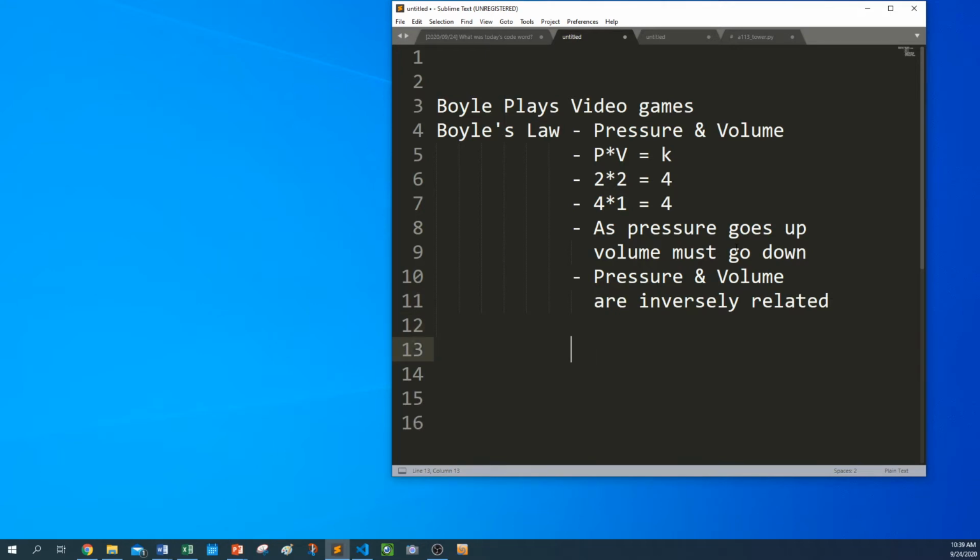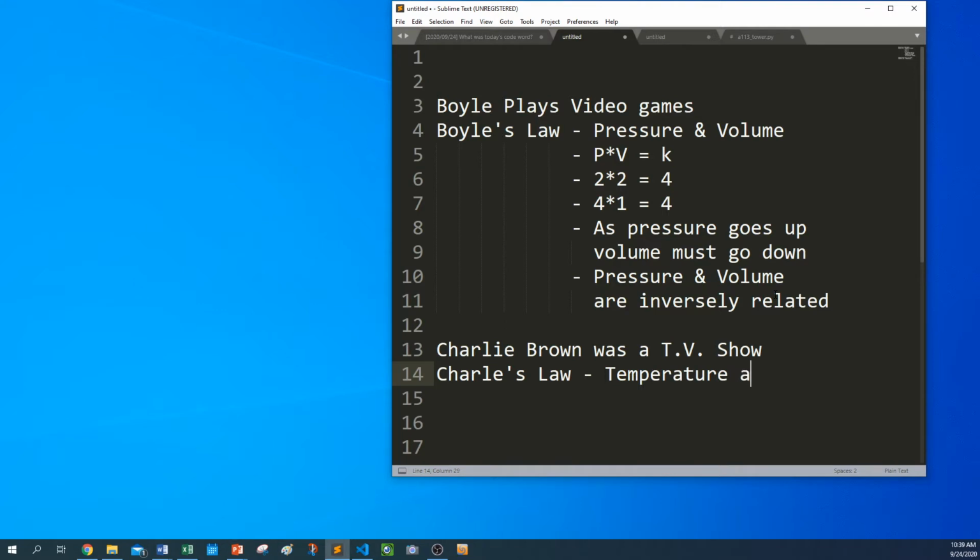So now let's look at Charles's law. Charlie Brown was a TV show. So Charles's law, so it has a TV in it, is about temperature and volume.